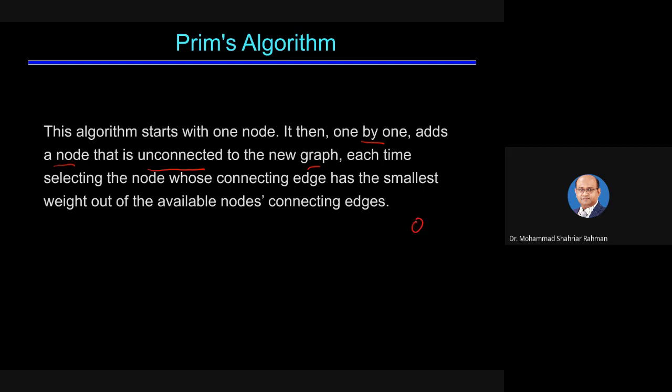So if you have, for example, graph ABCD, and let's say you start with A, so এখান থেকে the rest of the nodes, হ্যাঁ, A B C D তারা সবাই হচ্ছে আলাদা, right?